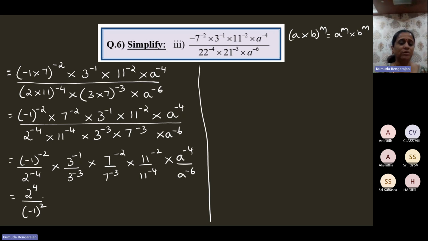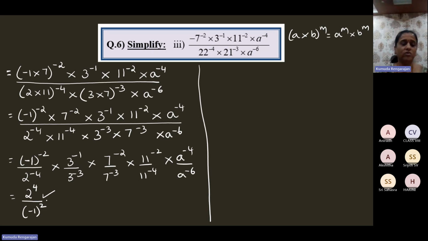Please understand this and let me know if all of you understood. -1 to the power -2. Where is it? Numerator. Where have we written? Denominator. How have we written? We have written the base as it is. We did not change the base. So -1 base I've written as it is.